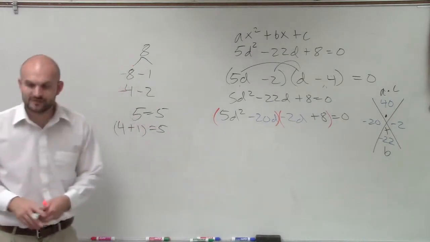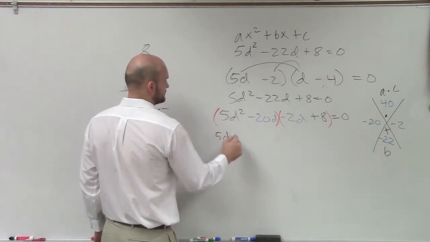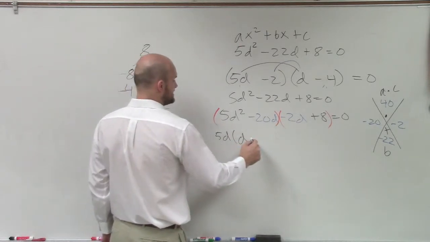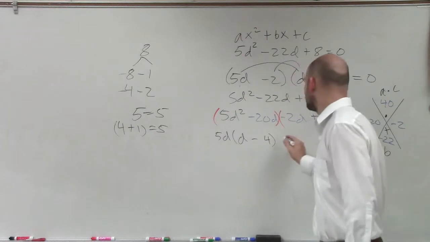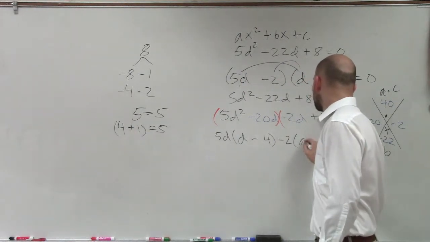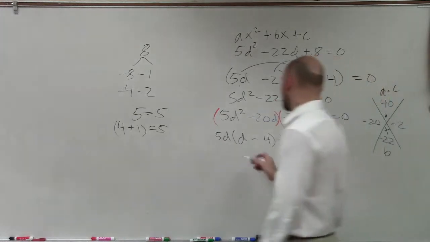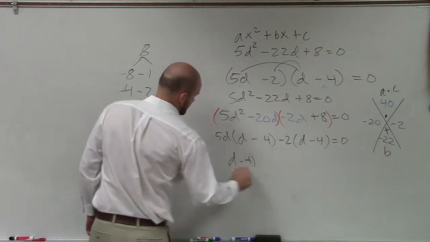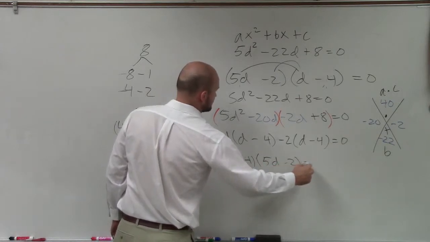So when I look at my GCF, Kevin, I factor out a 5d, and I'm left with a d minus 4. Here, I can factor out a -2, and I'm left with a d minus 4 equals 0. Now I factor out the d minus 4. D minus 4 times 5d minus 2 equals 0.